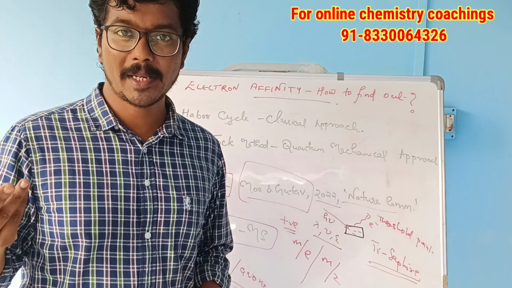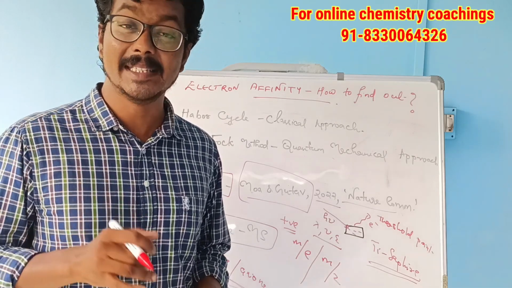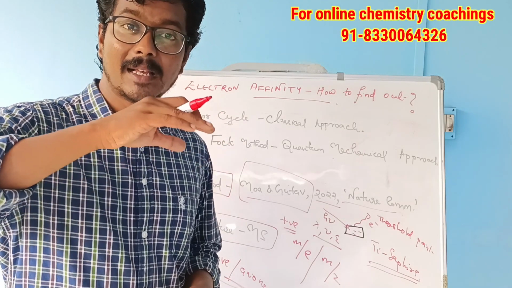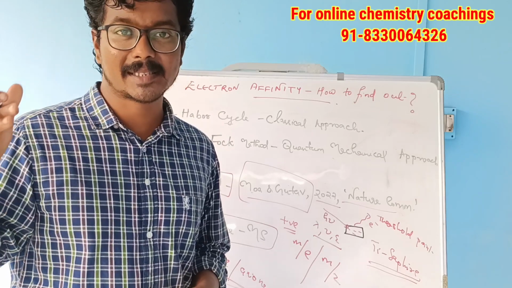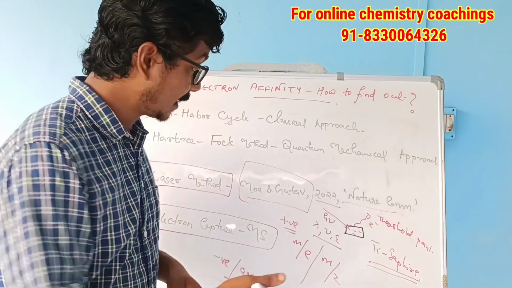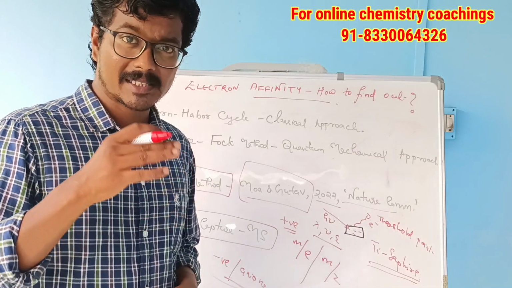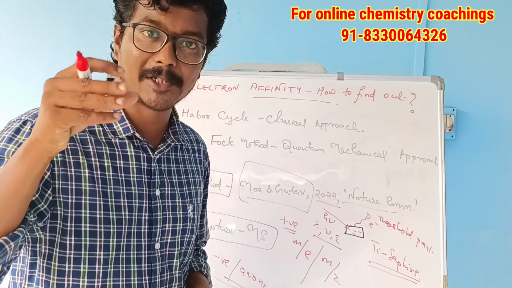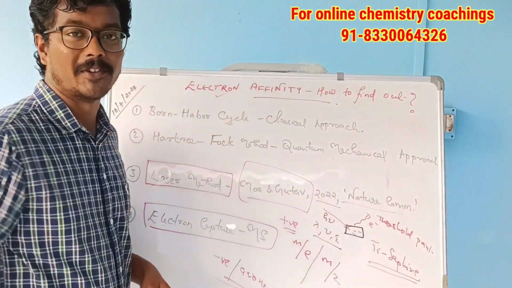These anions are recorded with the support of an electron capture detector, ECD, and the spectrum is recorded in accordance with m/e, mass to charge ratio. From that spectrum, we can find out the amount of energy required to attach an electron to a gaseous atom. That energy corresponds to the electron affinity.